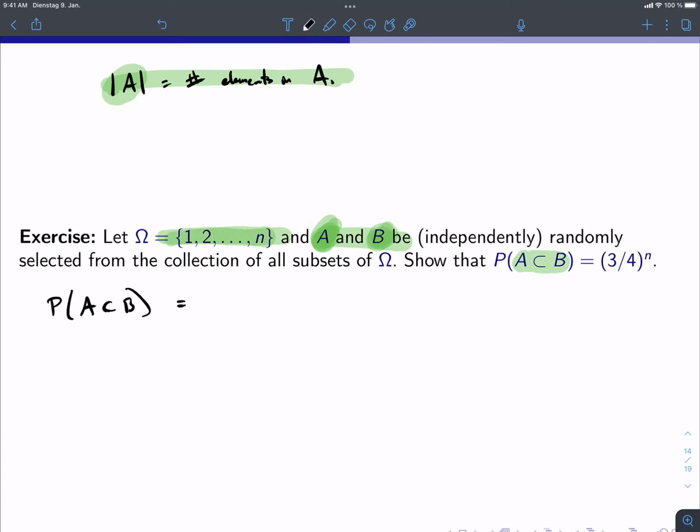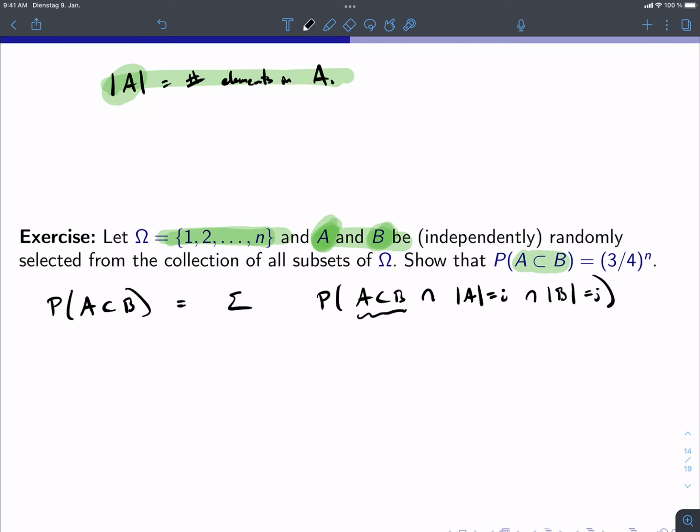And what I can do then is imagine taking the intersection of this event, A contained in B, with A having cardinality, say, i, and B having cardinality j.